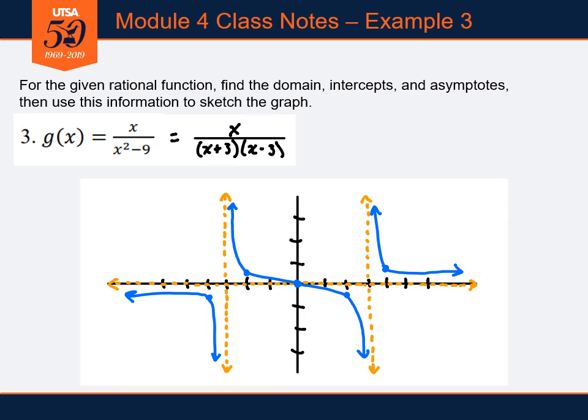We have 2 comma negative 2/5, negative 2 comma positive 2/5. So those 2 points tell me that my graph is going to curve down from the origin.